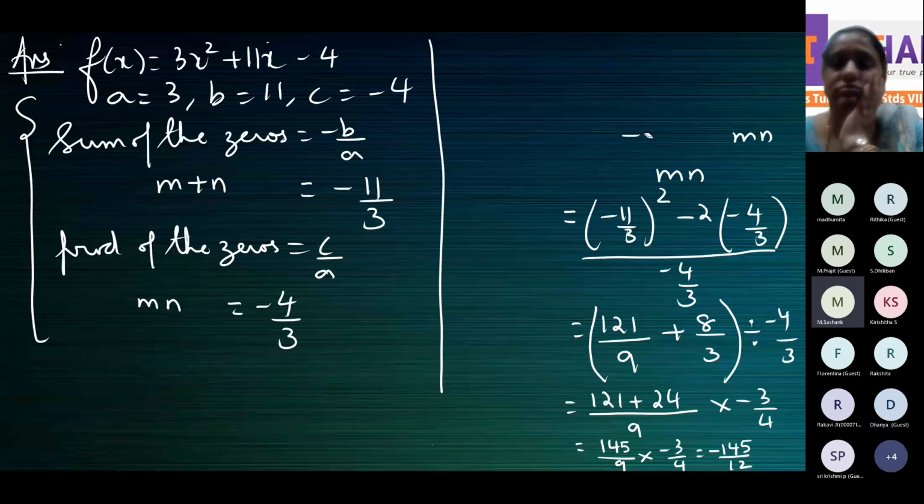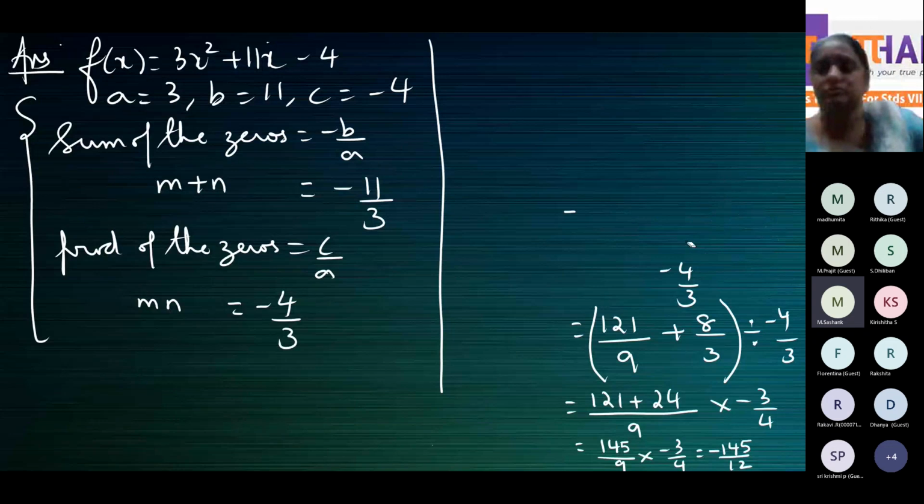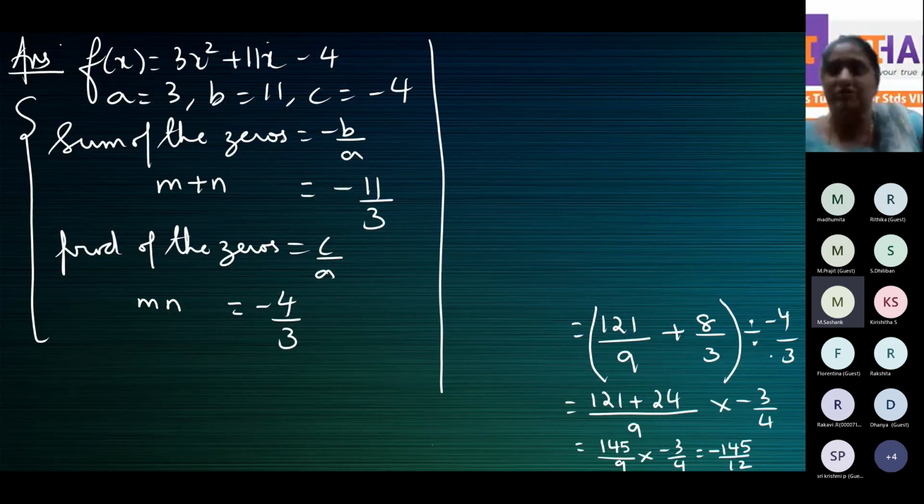Just a minute. See, I had divided by minus 4 by 3. So I got the numerator like this, divided by minus 4 by 3. Then division becomes multiplication, minus 3 by 4, the reciprocal.